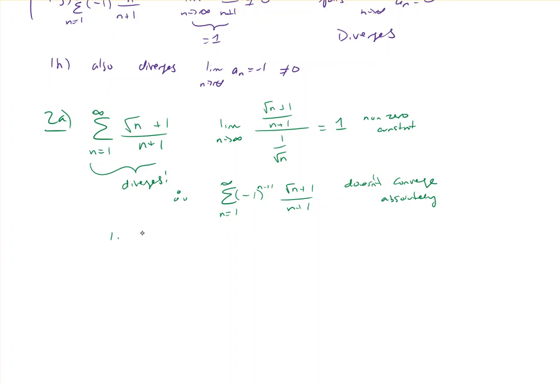Is it alternating? Yes, it's alternating. You see it right here. 2. Is it getting smaller and smaller every term? Well, that gets a little bit trickier for us to see, because it's harder for us to visualize what's happening as n gets larger. Sometimes it's easier for us to manipulate this. It might be easy to multiply top and bottom by 1 over root n.